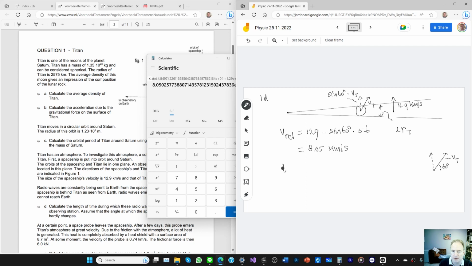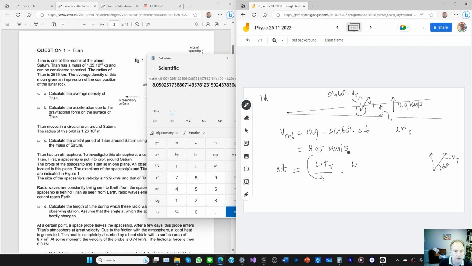So the time, delta t, is twice the radius of Titan divided by the relative speed.